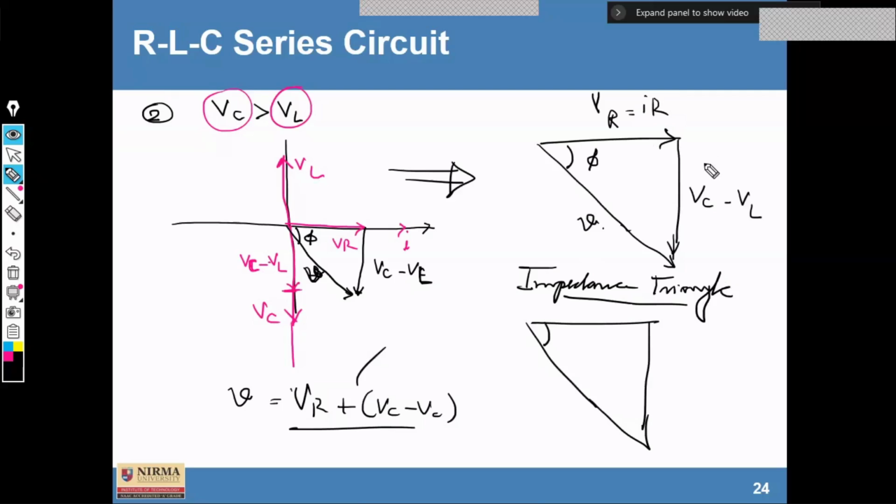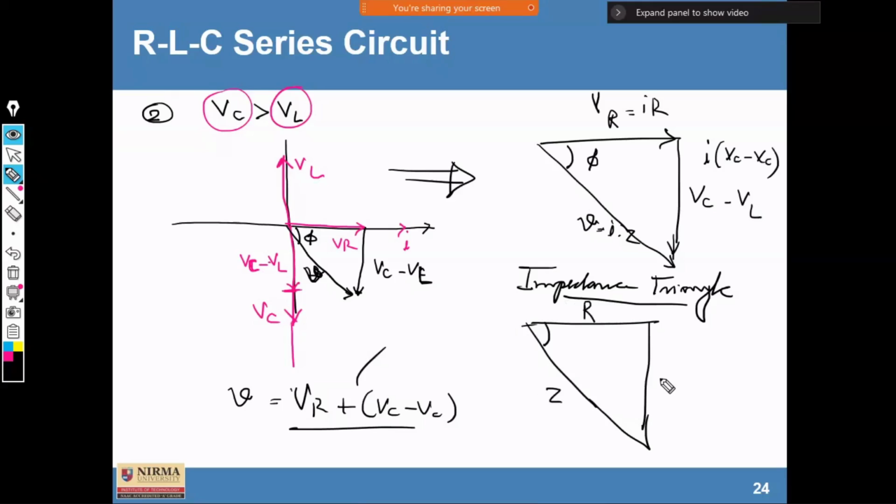Here I is common, and XC minus XL, and V is equal to I into Z. So Z would be V upon I, R would be VR upon I, and here we can write VC minus VL upon I. Finally, we can derive the impedance triangle. So it would be R here, Z here, and this would be XC minus XL.